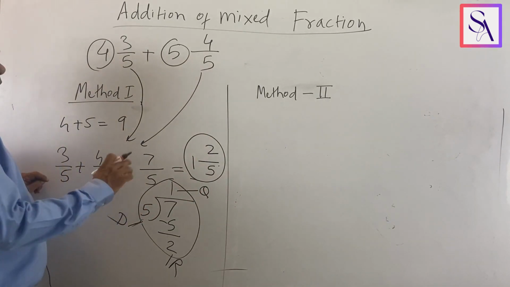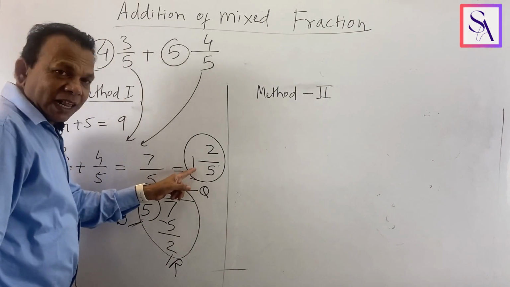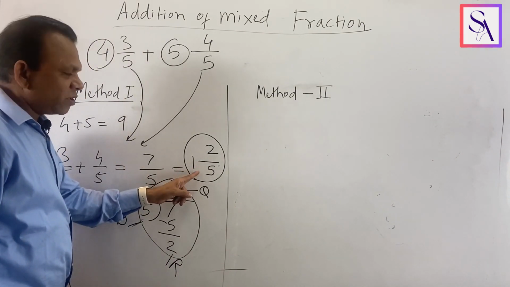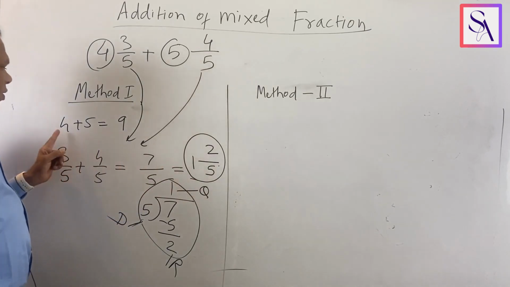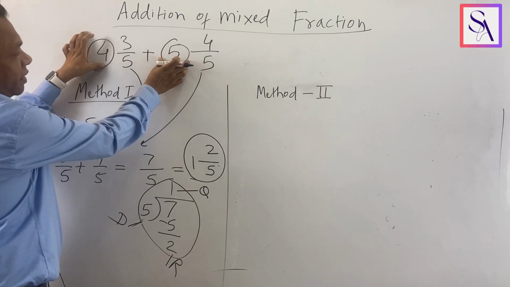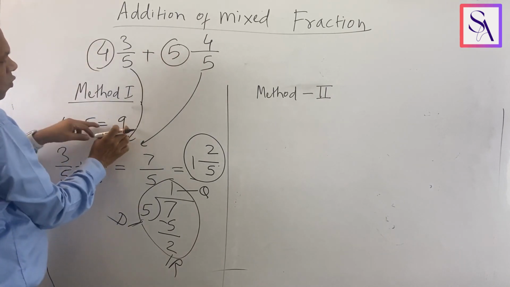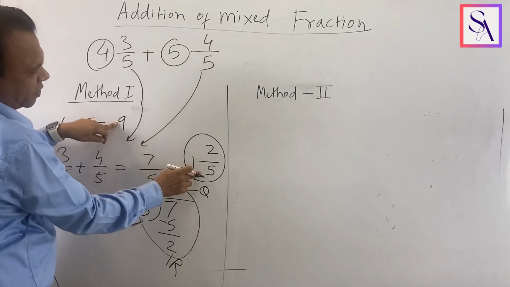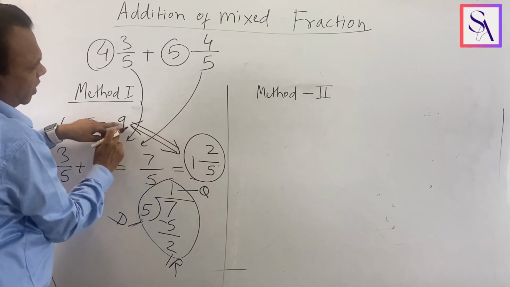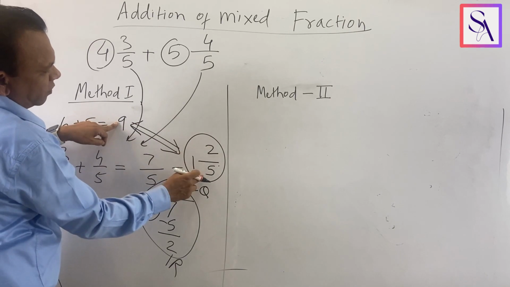But this is not the final answer. Students normally make the mistake of writing this as the final answer. This is not the final answer because we separately added the whole numbers, 4 plus 5 is equal to 9. So you have to mix this 9 with 1 2 by 5, right?